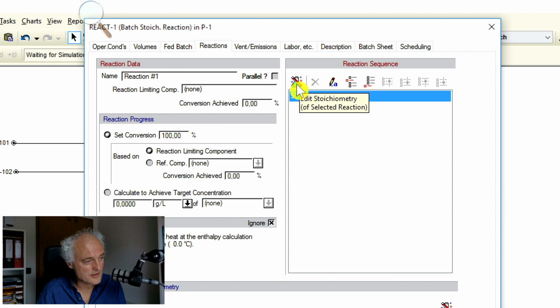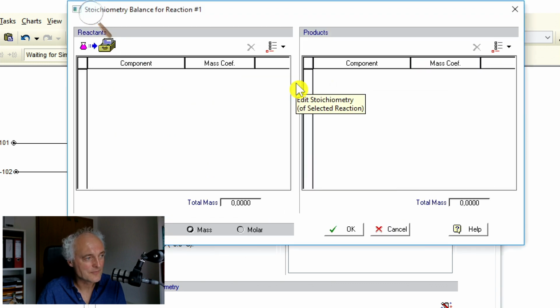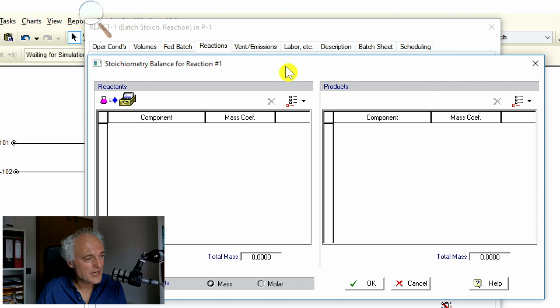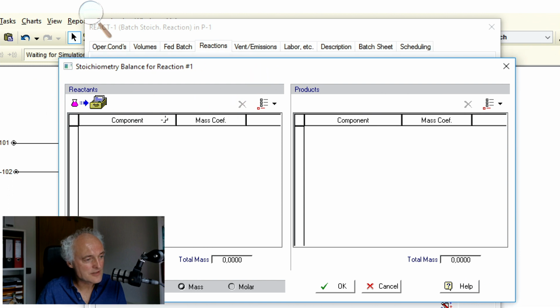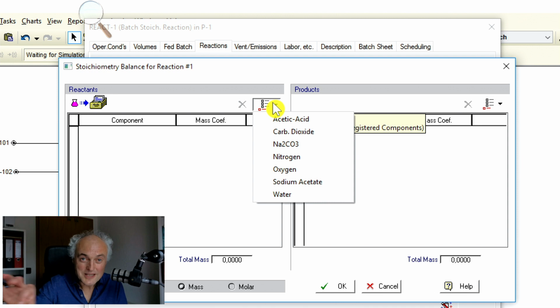Now we have to edit the stoichiometry. So this is our first reaction, and we have to go to the stoichiometry of the selected reaction. So we have to tell the software what is happening here. We need to add our reactants, and we need to add our products. So let's add our reactants. Of course, we have written down our reaction equation on our sheet, which is just in front of our eyes.